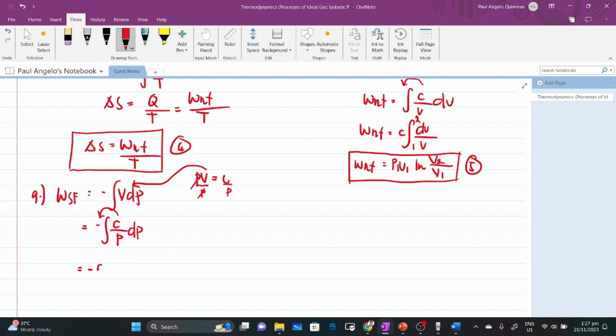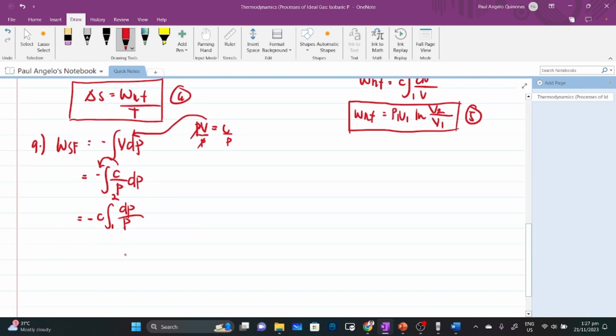We have negative C times the integral of dP over P, from point 1 to point 2. Then the steady flow work is equal to negative P1 V1 ln of P2 over P1.